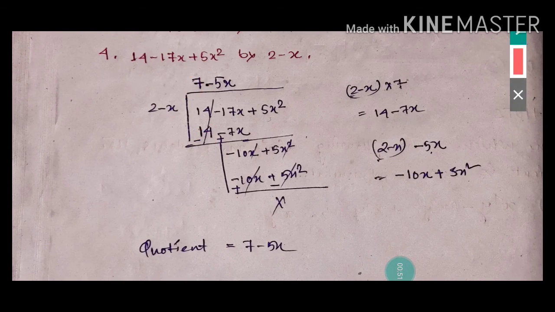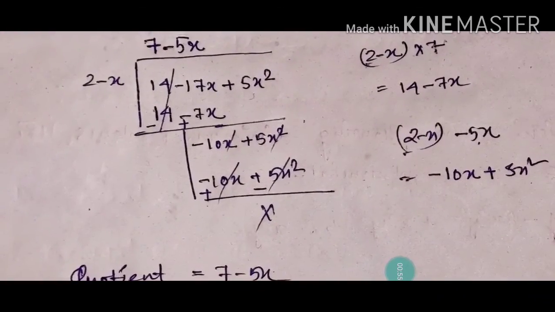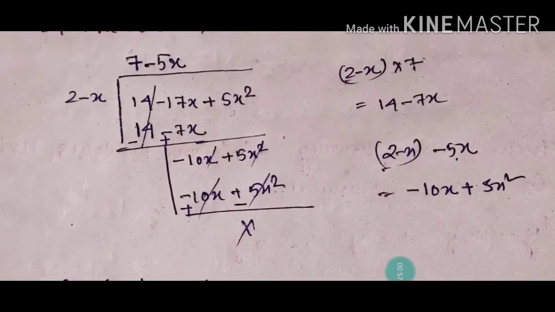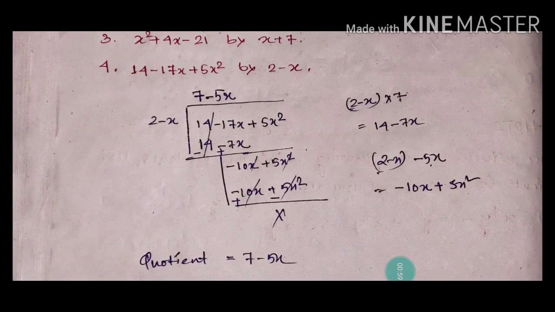Now here the sign was plus previously, so it will be minus. Here already minus is there, so it will be plus. So this 14 will get cancelled. Now from 17 if you subtract 7, how much will it be? 10. So which one is bigger? This one is bigger, so minus 10x plus 5x square.